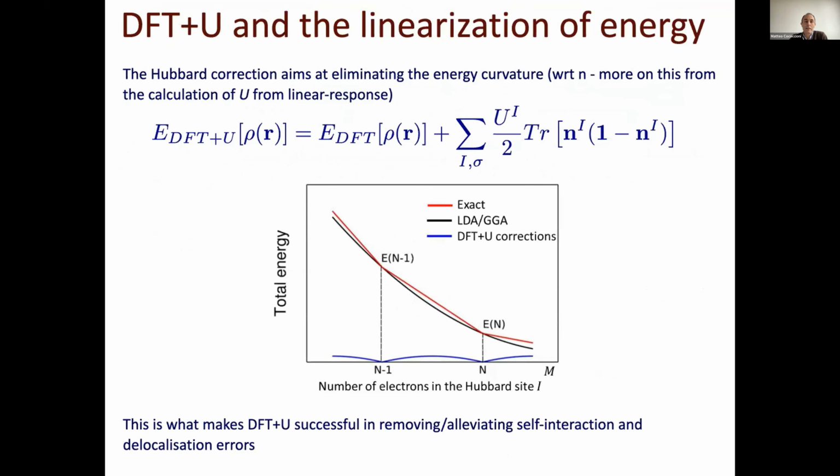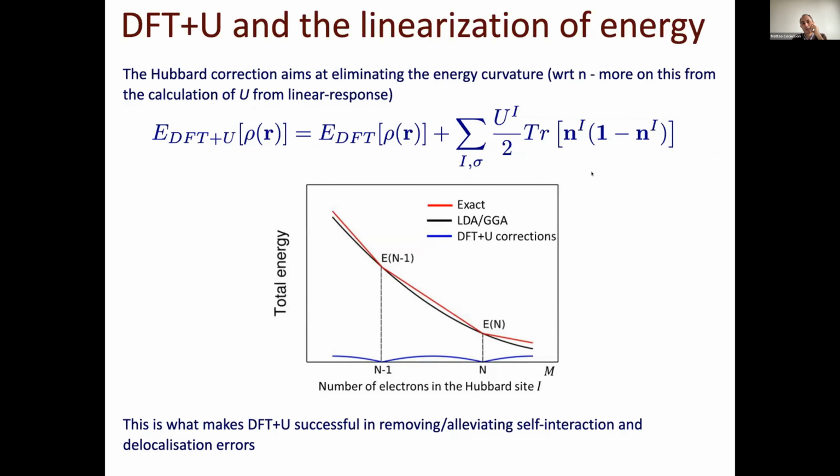In any case, what the DFT+U in its simplest version does is exactly this. It tries to restore the piecewise linearity of the energy, starting from the approximate analytic behavior of the approximate energy functional by adding this term here that is exactly represented by the blue curve on the bottom here.